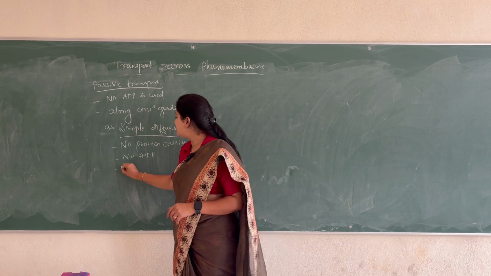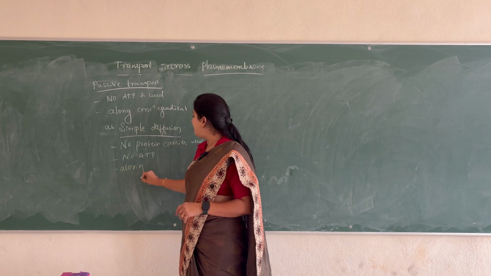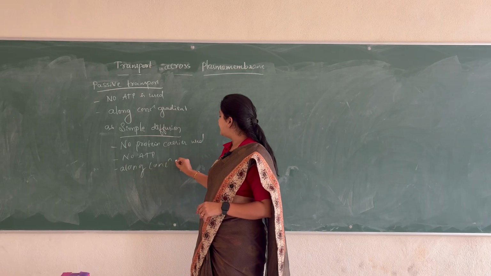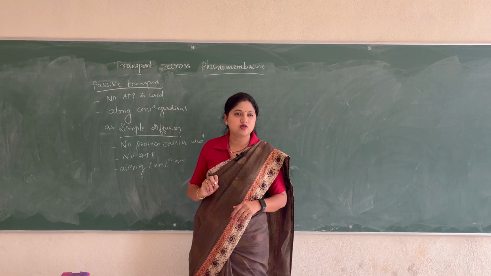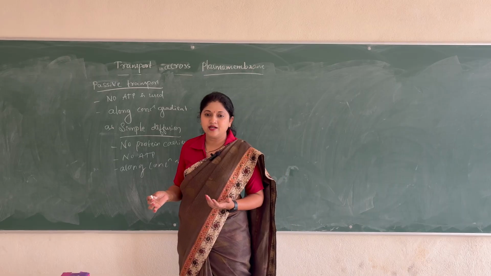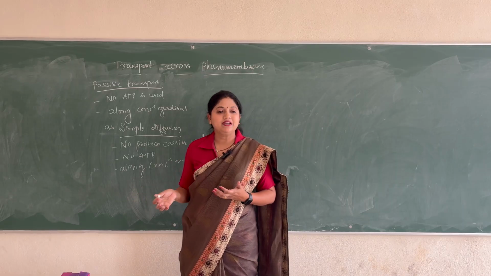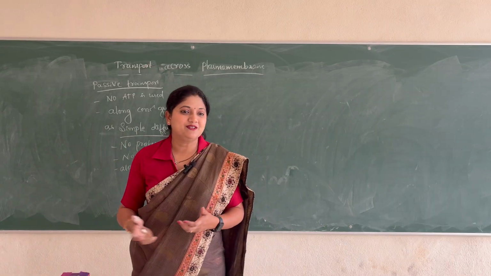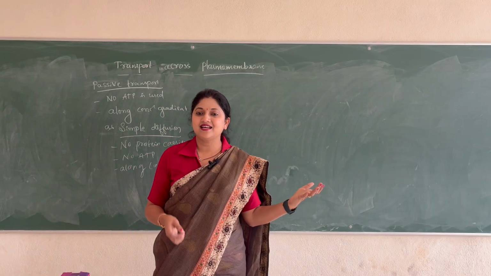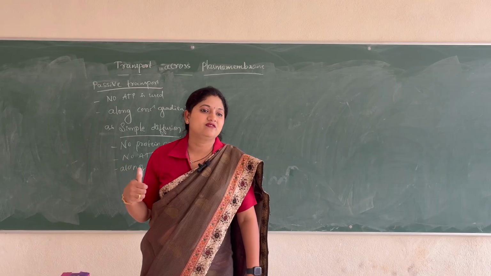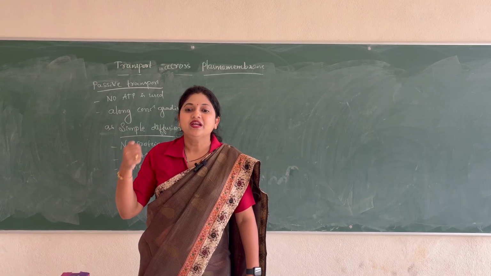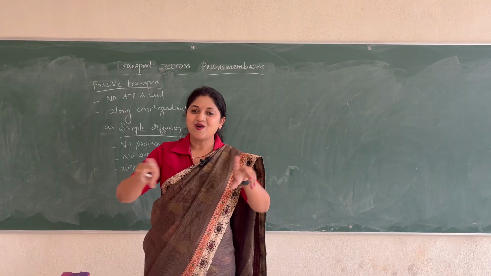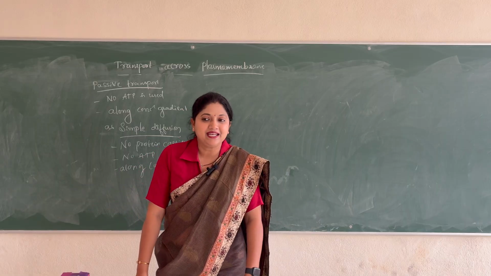Okay, and this is also along the concentration gradient. So for simple diffusion, we can take the example of the gases. A very common example which we have studied in your previous classes is, if you stand in a corner of a room and spray the perfume, in a few seconds it will take over the complete area of the room.